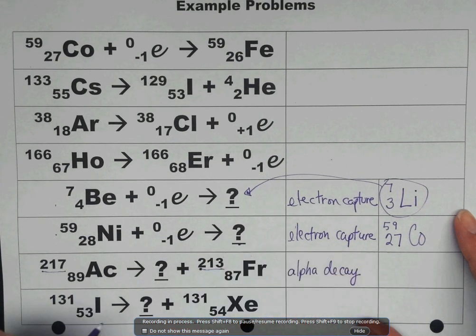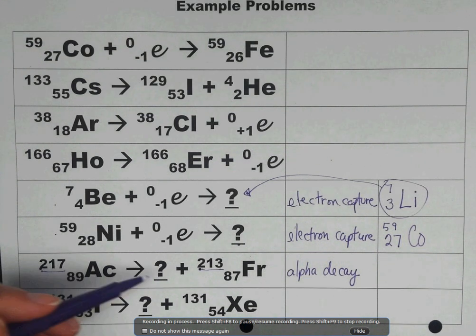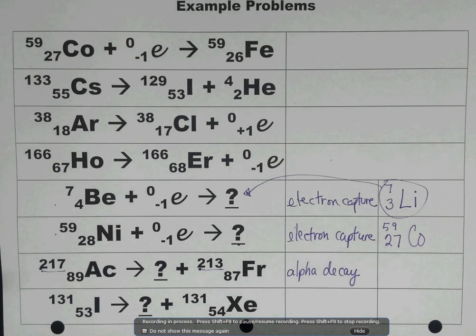The reason for this is because in alpha decay, that's the only one in which the mass number changes. In every other type of radioactive decay, the mass number remains the same. But this one, alpha decay, is the only one in which the mass number changes, and it does decrease by 4 because we lost 2 protons and 2 neutrons from the nucleus.